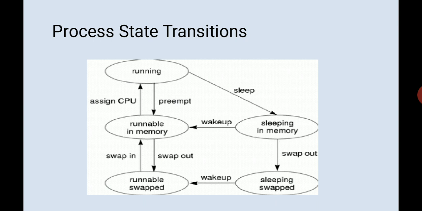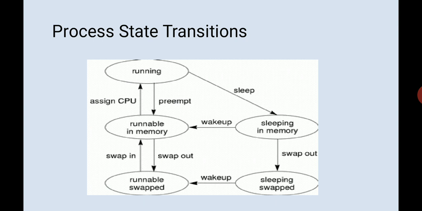So from running it can come to memory, and from memory it can also go outside the memory. This is how state transition is done: by being assigned the CPU, preempting, swapping in, swapping out, and sleeping. If you look at this diagram, it is very clear what is actually being done.